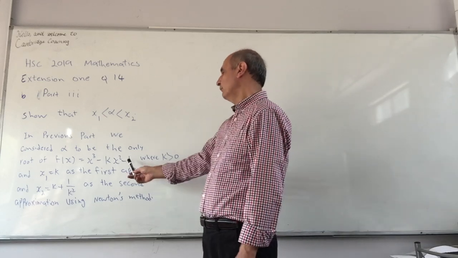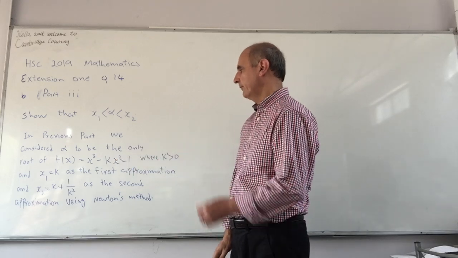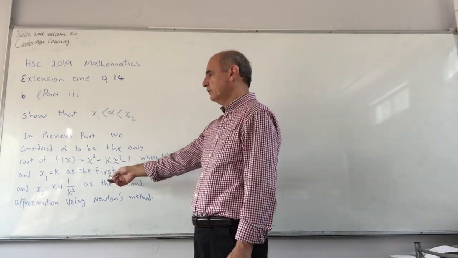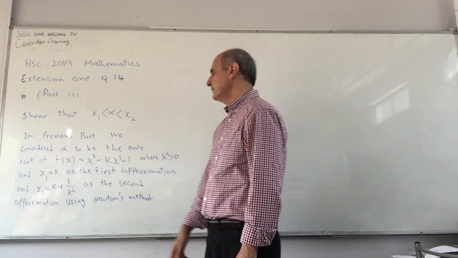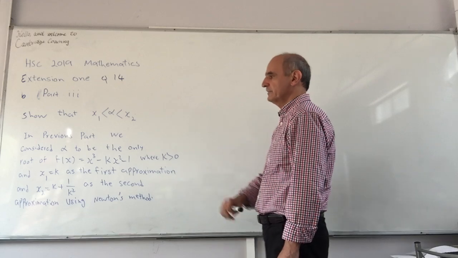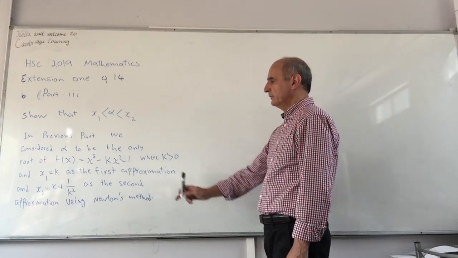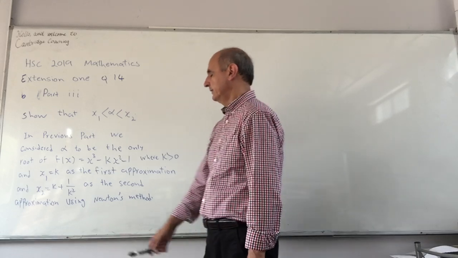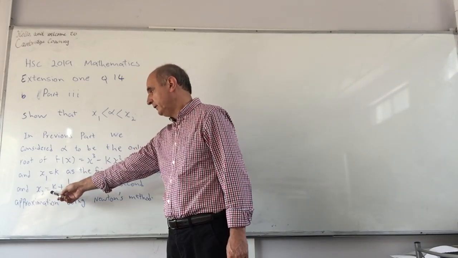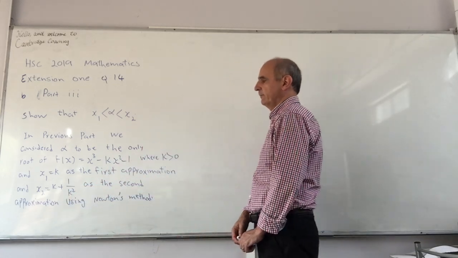And then, to have an approximation for this root alpha, we used Newton's method, and we started with k as our first guess. Using Newton's method, we showed that the second approximation, when you start from k, will be k plus 1 on k squared.